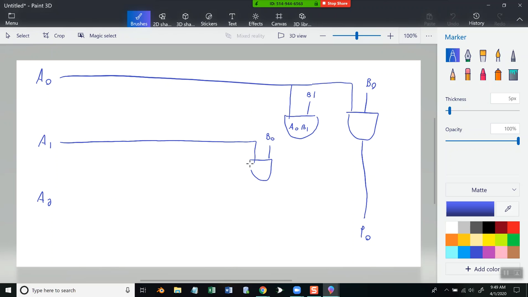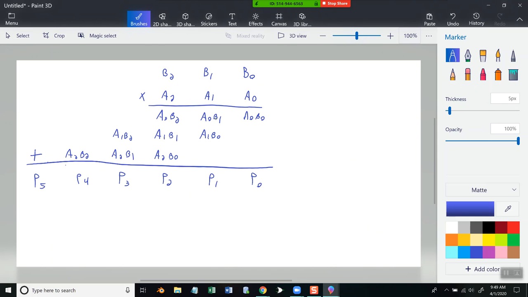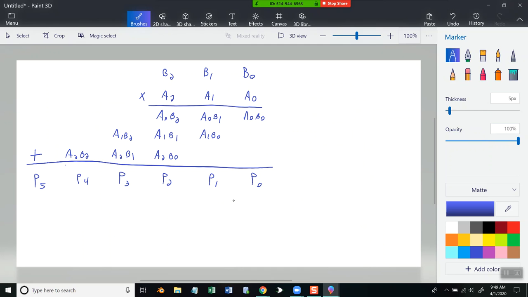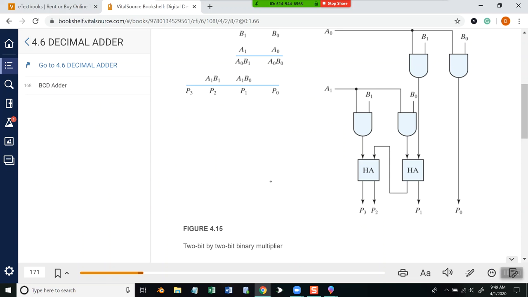That's coming into an AND. That's our A1, B0. That's this one right here. And then we want to add these together. So, coming into our adder.